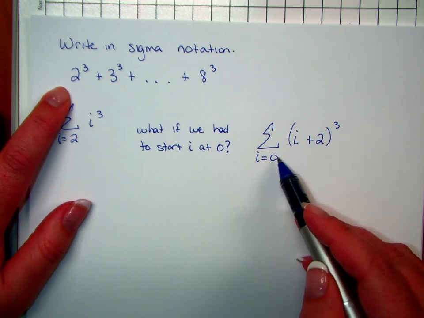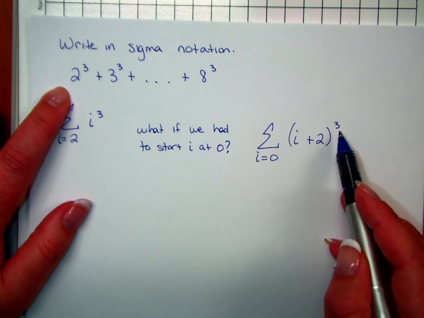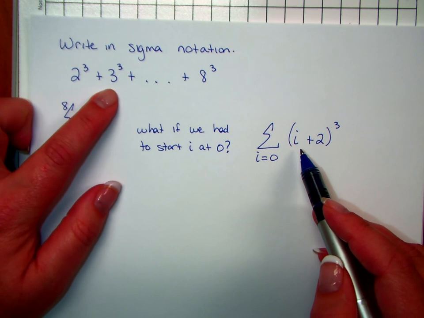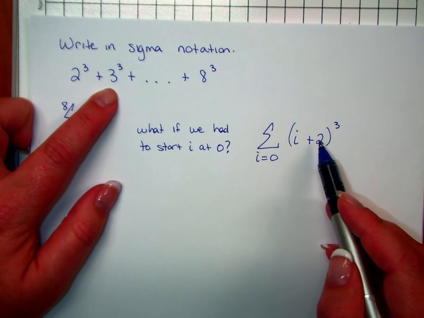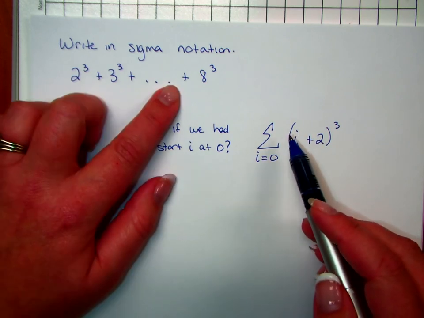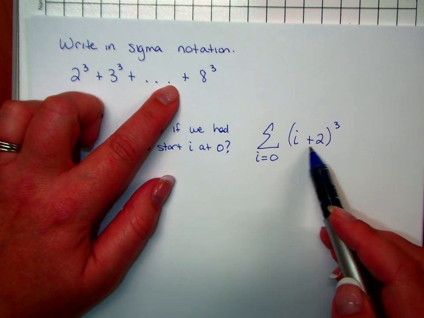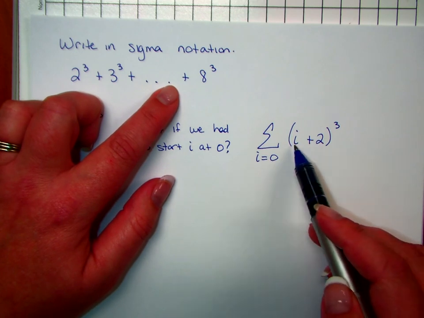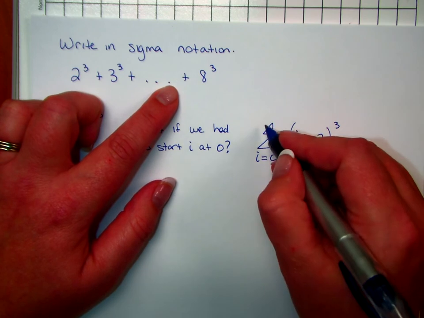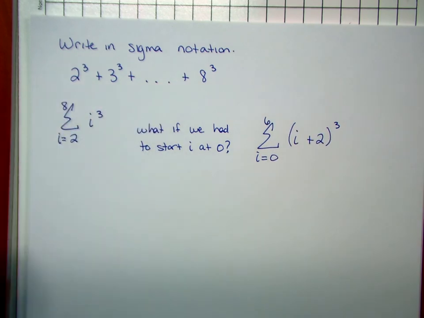And then if I increase this, 1 plus 2 is 3, 3 cubed. If I increase it again, I'll get 4 cubed. Now I want to stop at 8 cubed. So the biggest this can be is 8, so the biggest I can be is 6, right?